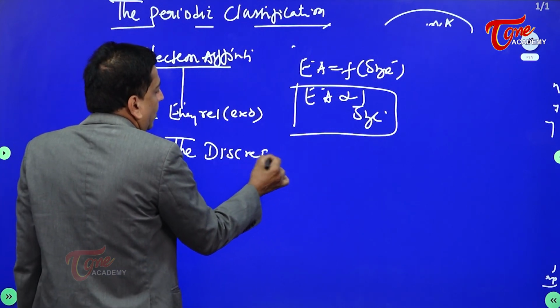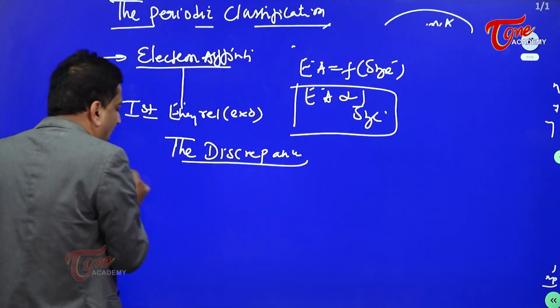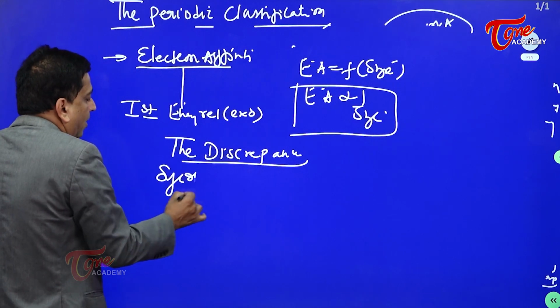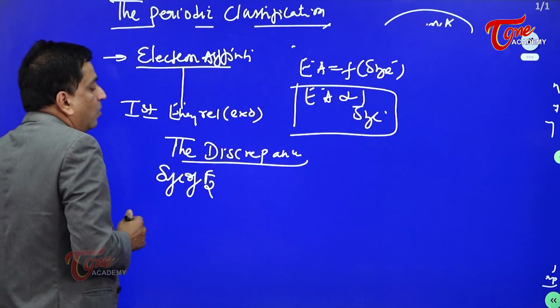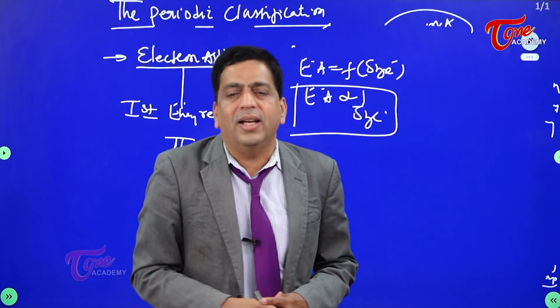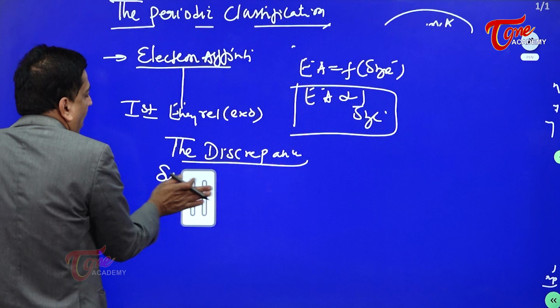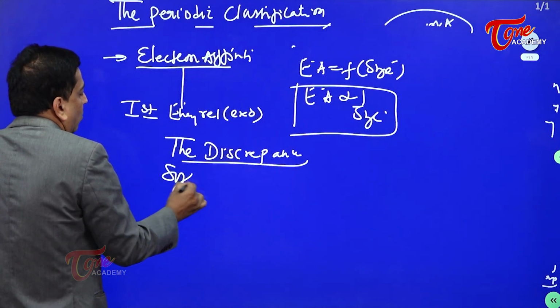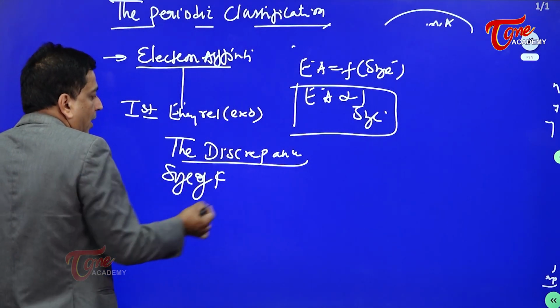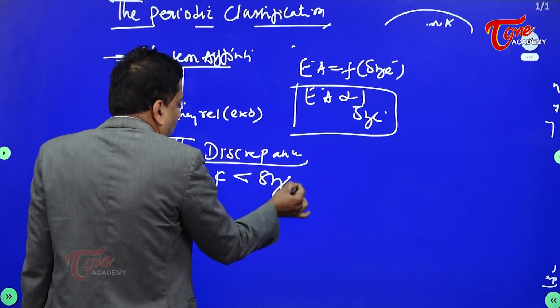The discrepancy. Right? The size of fluorine, if you see, the size of the fluorine atom is smaller than the size of what? Chlorine.